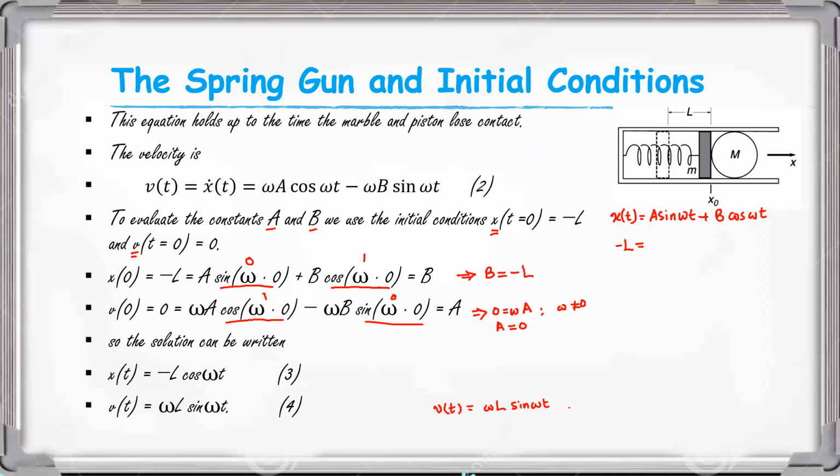It will be maximum when sine omega t is maximum. The maximum value of sine omega t is equal to 1. This happens when omega t is equal to pi by 2. When omega t is equal to pi by 2, sine has the value 1, the maximum value. At that time the velocity is omega L.